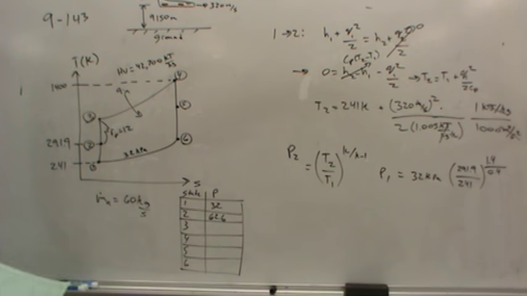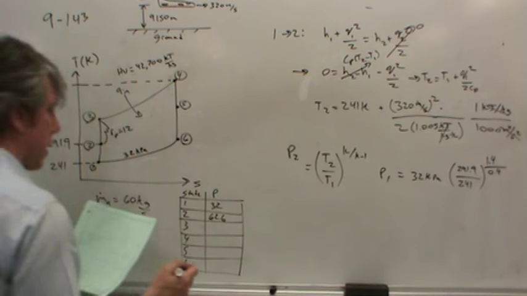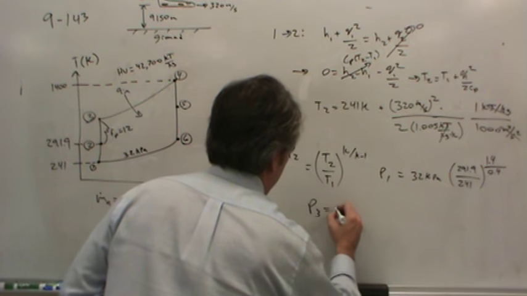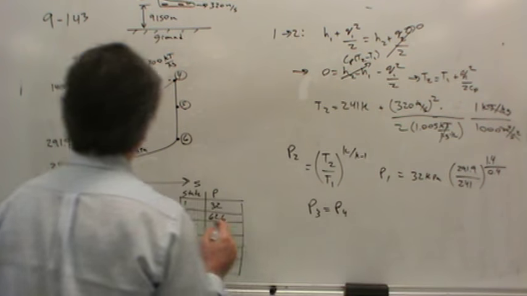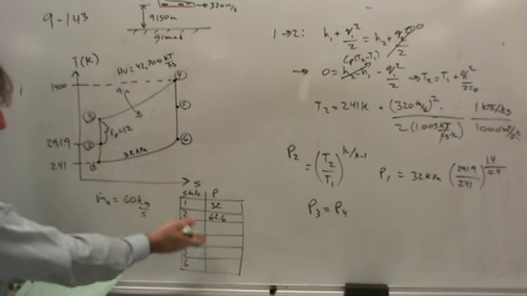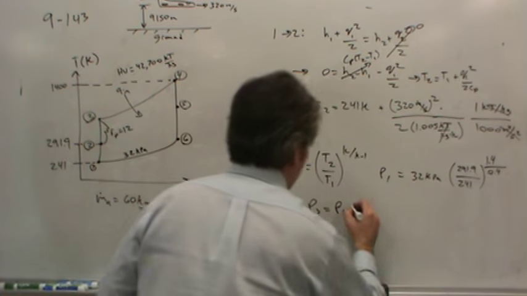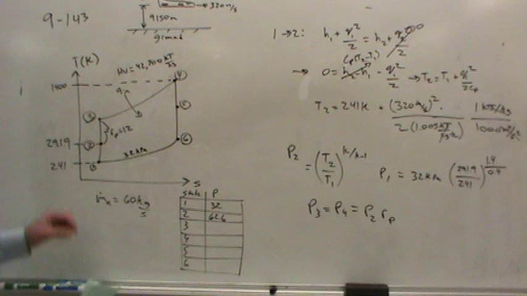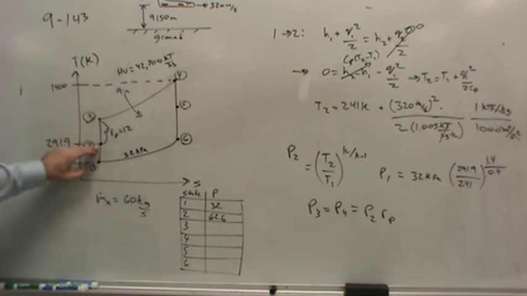Okay. Now how about state 3? Well, state 3 is easy. P3 and P4 are the same thing. The pressure at state 3 and 4 are the same. So once we find that, we'll be okay. We could simply take the pressure in state 2 multiplied by the pressure ratio, because remember, the pressure ratio is given from state 2 to state 3, which is across the compressor.